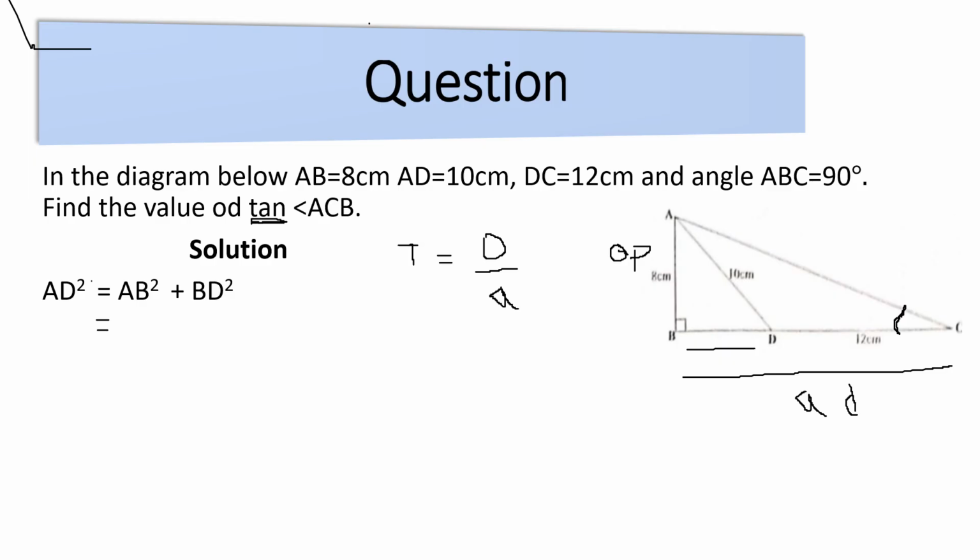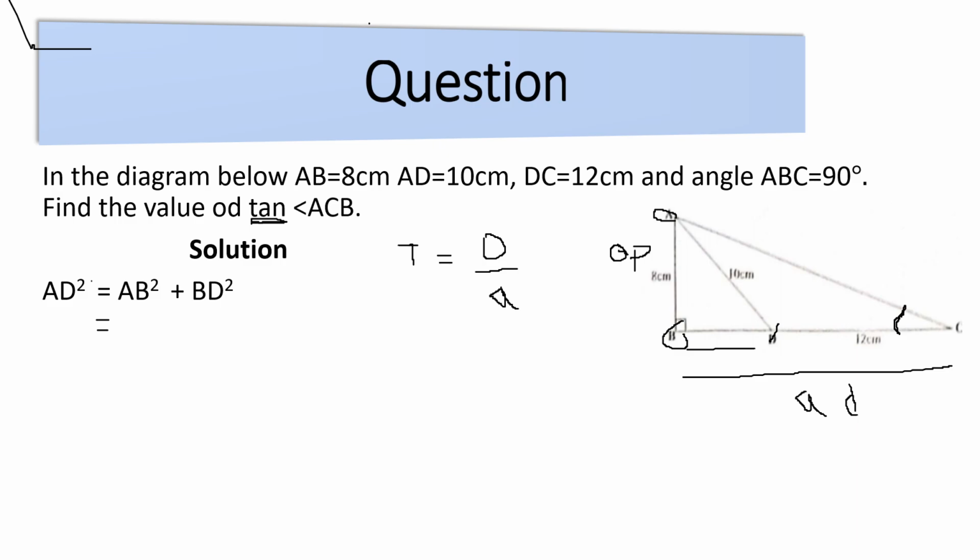For this triangle ABD, AD is our hypotenuse, and it's the one you are supposed to start with. We say AD squared equals AB squared plus BD squared.